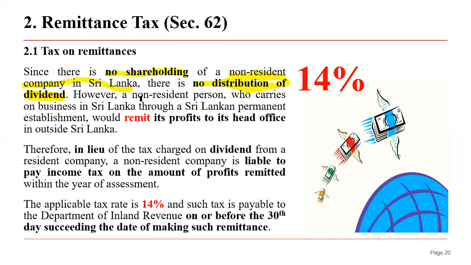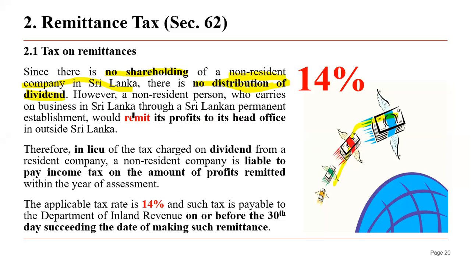So there is no distribution of dividend. However, a non-resident person who carries on business in Sri Lanka through a PE would remit its profit to head office. Definitely, they will remit profits to head office like this.